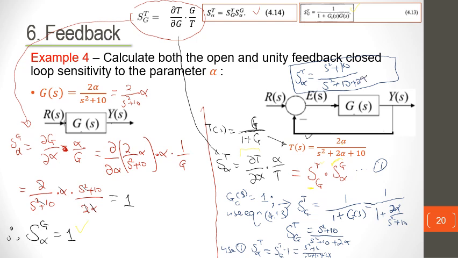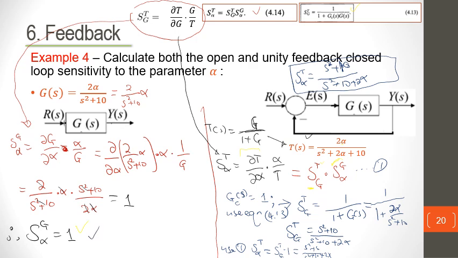So we see in this case, if we look at the steady state case where t goes to infinity, that is, s goes to 0, we see that the sensitivity of the open loop will simply be equal to 1.